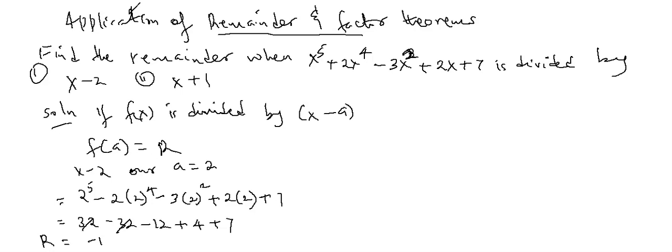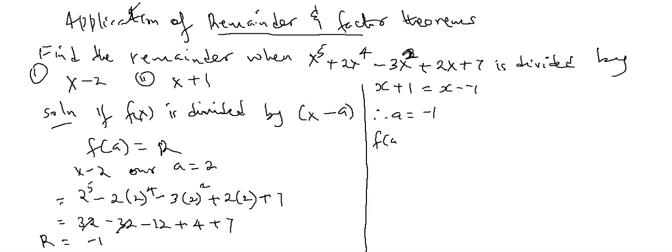On the other hand, if we divide with the linear function x plus 1, you will note that this is the same as x minus negative 1, and therefore our a is negative 1. And we know that by remainder theorem, r is equal to f of a.